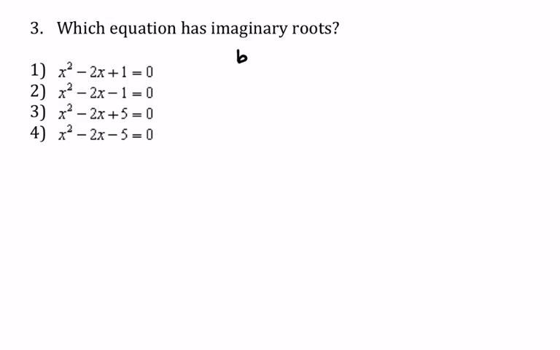Alright, how about number 3? Same deal. Since we're looking at imaginary roots, that means b squared minus 4ac, the discriminant, has to be less than 0. So we're just going to check each and every one of them and see which one gets us that. Negative 2 squared minus 4, a is equal to 1, c is equal to 1 in this case. Then it is equal to 4 minus 4, which is equal to 0.